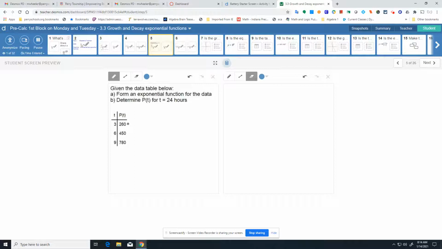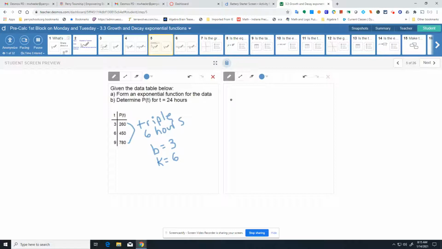And I'll tell you, it took me a little bit of time to see it the first time. 260 times 3 is 780. So this is tripling every 6 hours. So that means my b is 3 because it triples, and my k is 6.